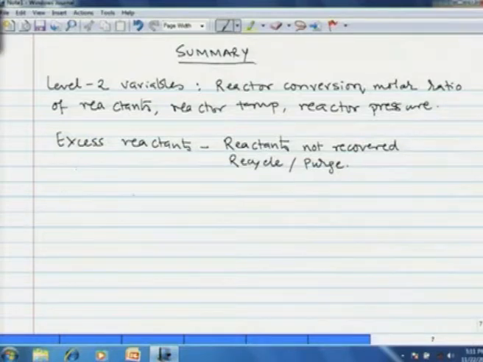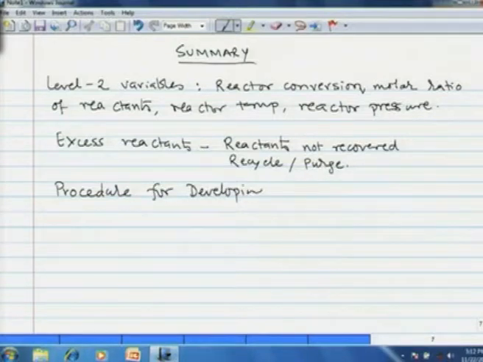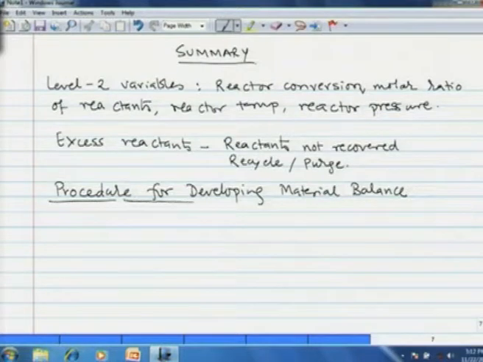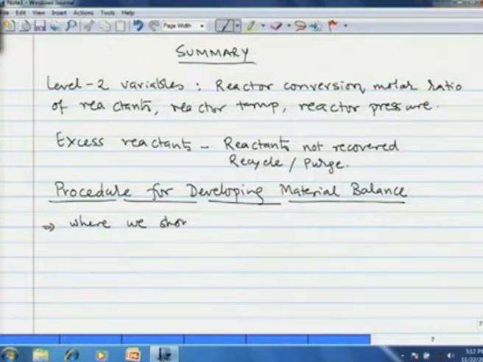Now with this we shall see the procedure for developing overall material balance. The first question that comes is where we should start our calculations.